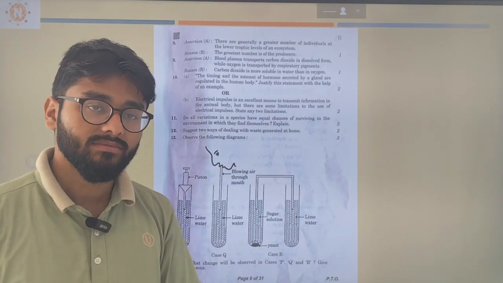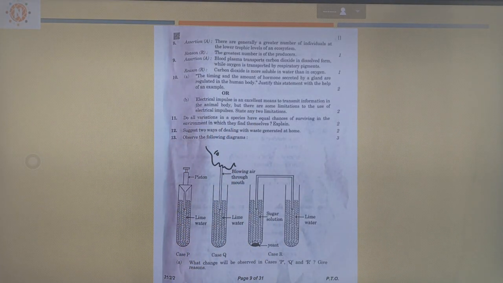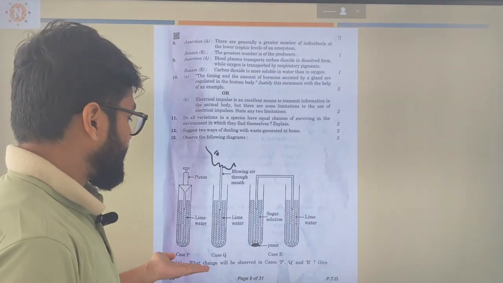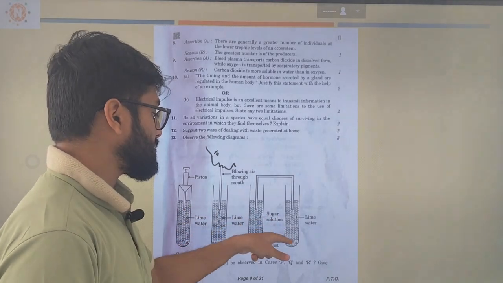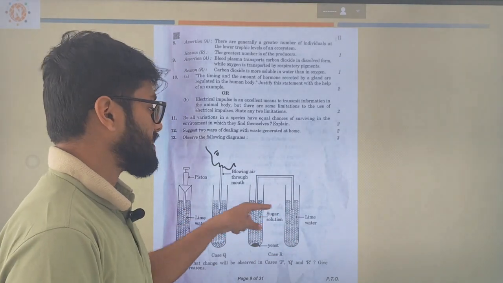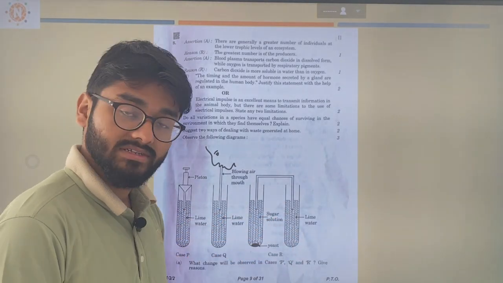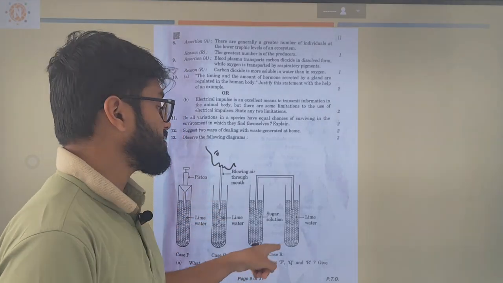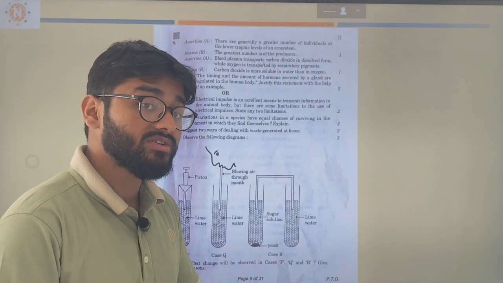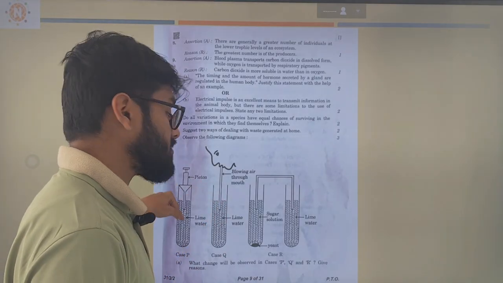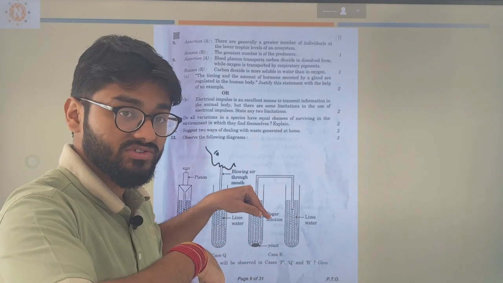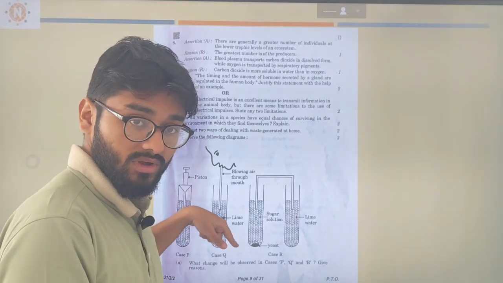Now observe this diagram. I will give you some time to observe. In this you can see cases P, Q and R. Can you tell me what can happen in these, or what have you written in these? In all 3 conditions they will turn milky or turbid. Why? Because of the entry of CO2.